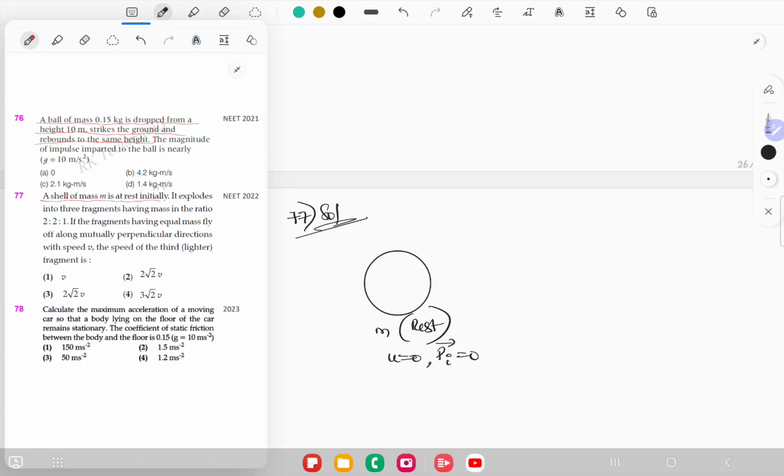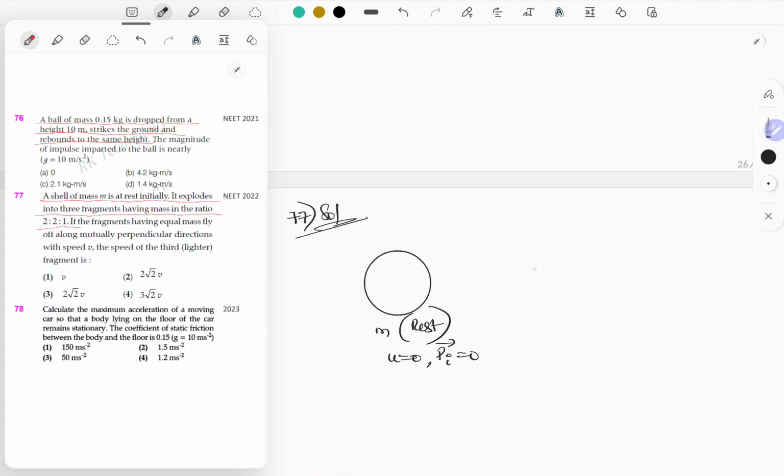Now a shell of mass small m initially at rest explodes into 3 fragments having masses in the ratio 2:2:1. Now it has exploded into 3 different particles. I am representing here m1 : m2 : m3 is equal to 2:2:1.